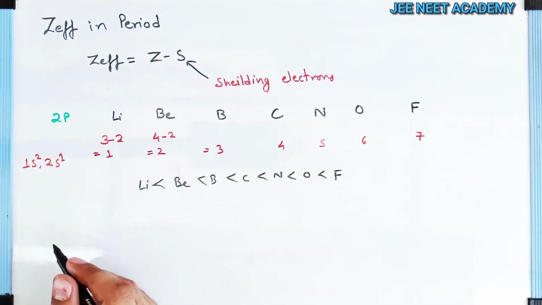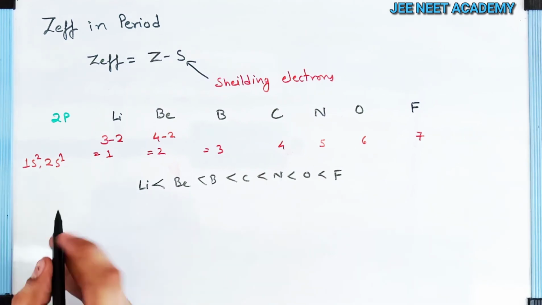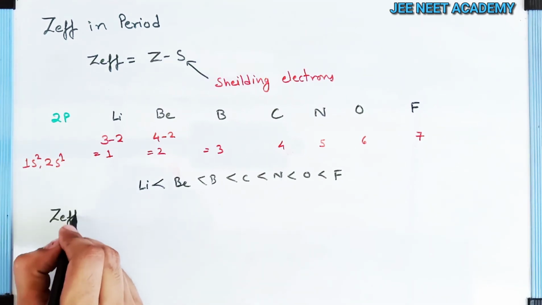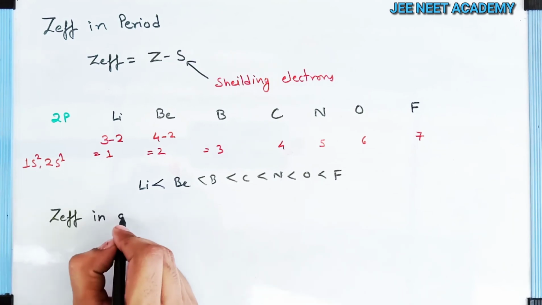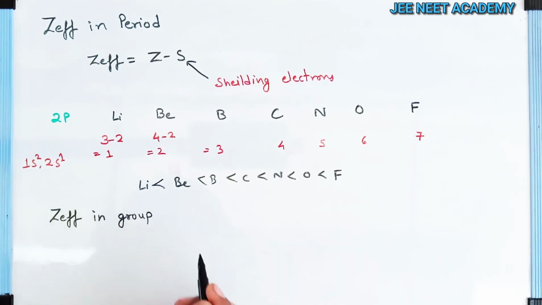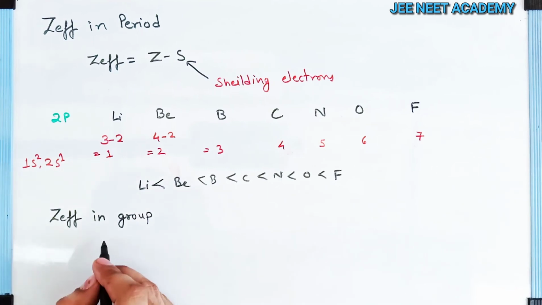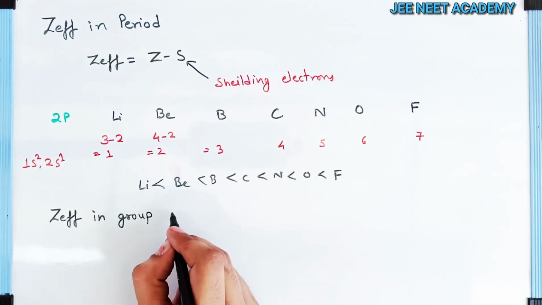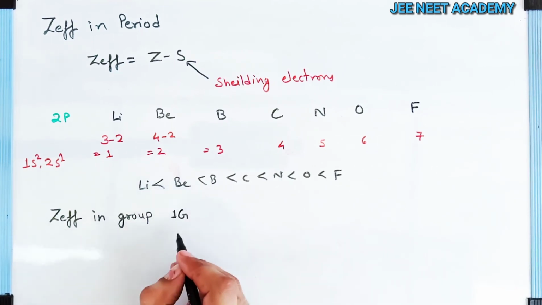Now we'll see Z effective in a group. We'll take the first group as an example: lithium, sodium, potassium, rubidium, and cesium.